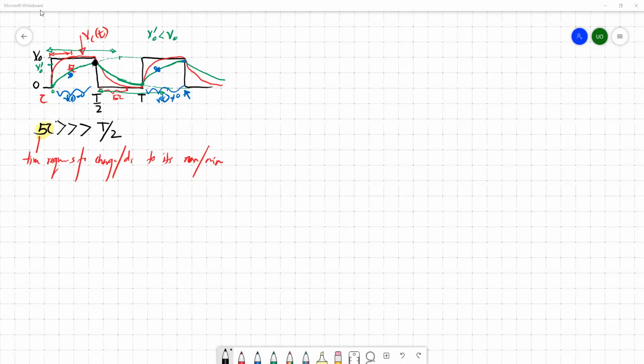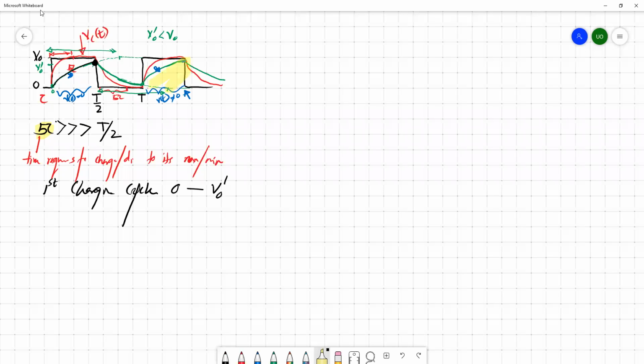So this is the point where, during this first charging cycle, the voltage basically moves up from 0 to V naught dash. So this is the second charging cycle.